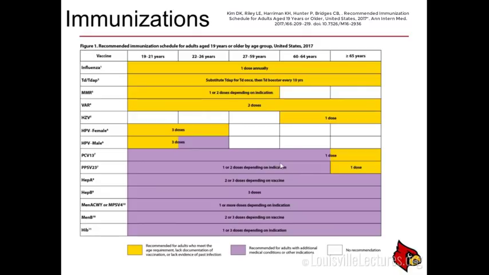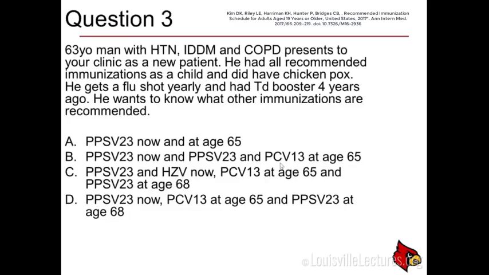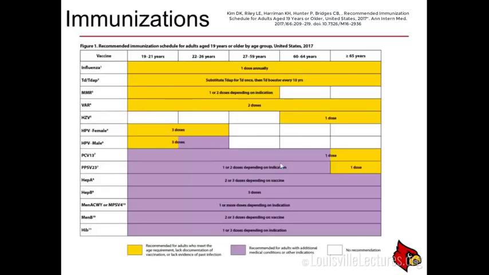You wouldn't give that right at 65 because if you remember in the question, he was 63, so you would give it at 68 in order to be 5 years after that first dose. Any questions on these? This is something you're going to have to commit to memory right before the test, which is usually pretty helpful.